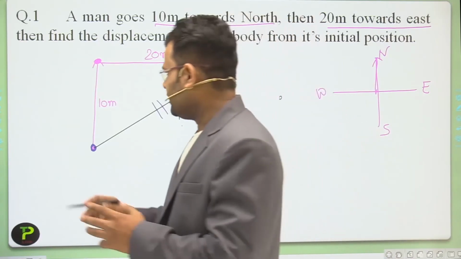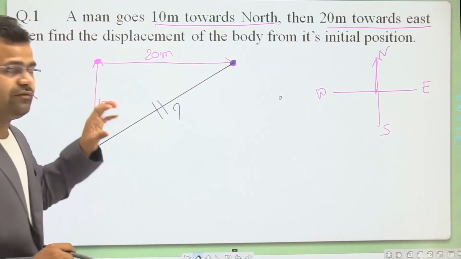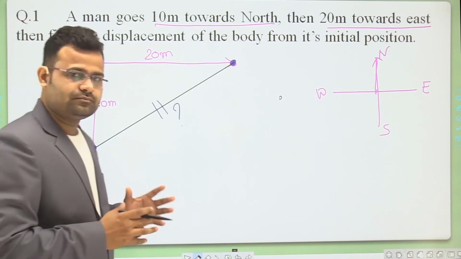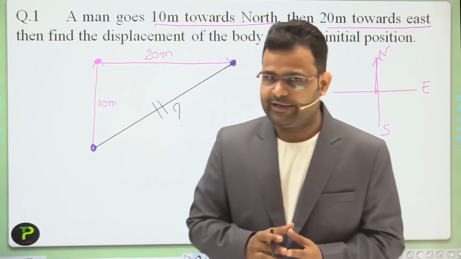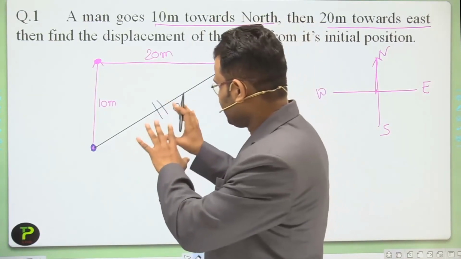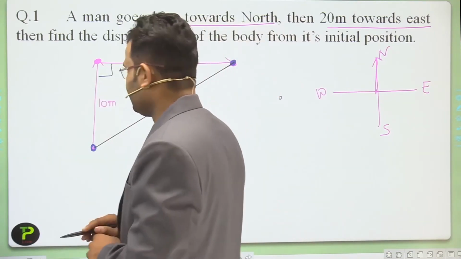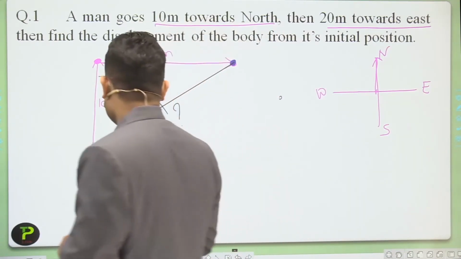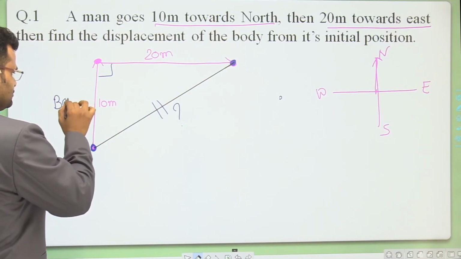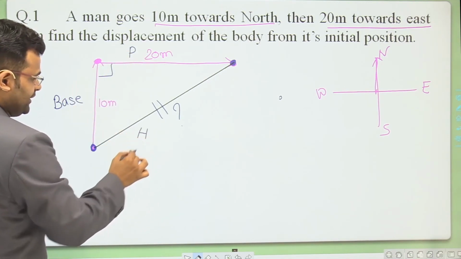Dear students, now our physics part is completed, but we require some mathematical formula here. Whenever you want to calculate some sides of that triangle, it is a 90-degree right-angled triangle. So according to the right triangle, that is the base, that is the perpendicular, and that is the hypotenuse.